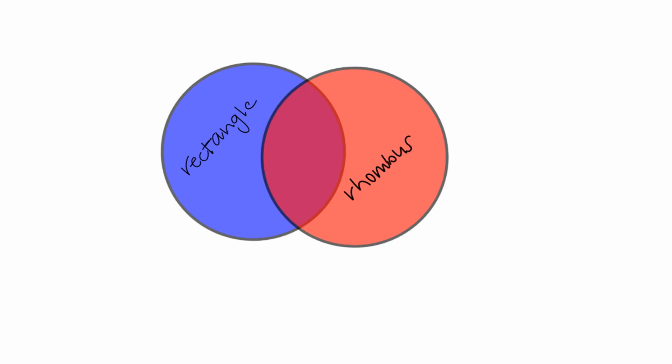And then in the center, where the two properties combine, we would have our square. My pen's not wanting to write. So the way I try to explain it is that if a rectangle and a rhombus got married and had a baby, it would be the square. Next page.